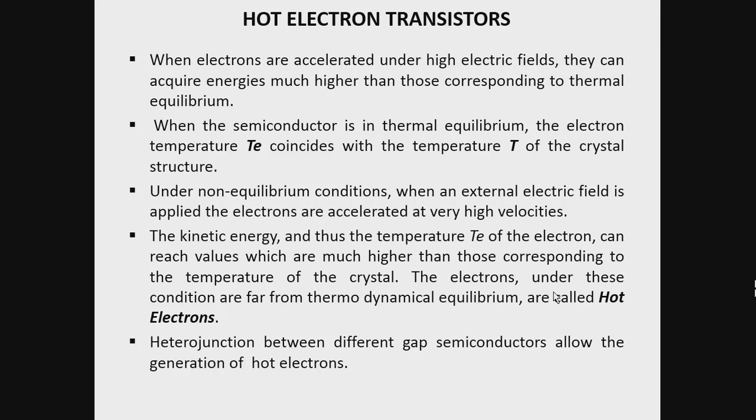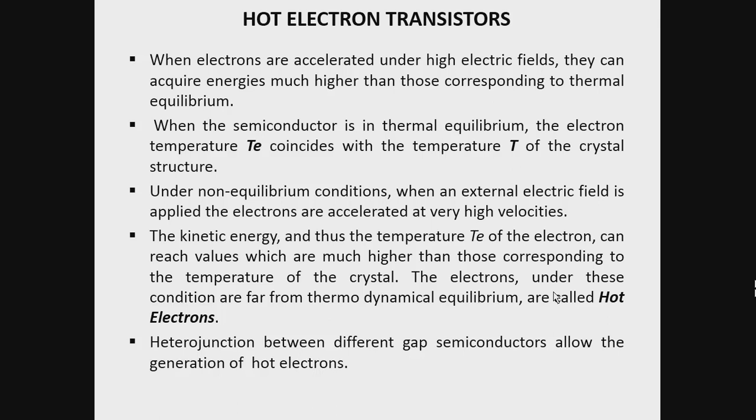Hot electron transistors. As we know, when electrons are accelerated under a high electric field, they can acquire energy much higher than that corresponding to thermal equilibrium. When the semiconductor is in thermal equilibrium, the electron temperature Te coincides with the temperature T of the crystal structure.